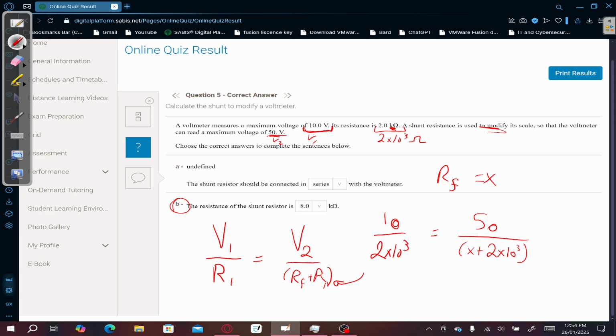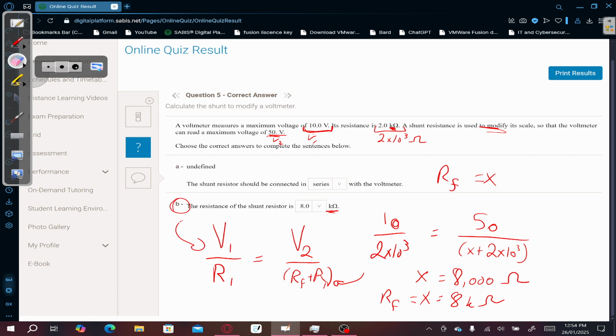You do this on a calculator, and this gives me X to be 8,000 ohms. They want it in kilo ohms, so you divide by 1,000. RF equals 8 kilo ohms. This is for part B.